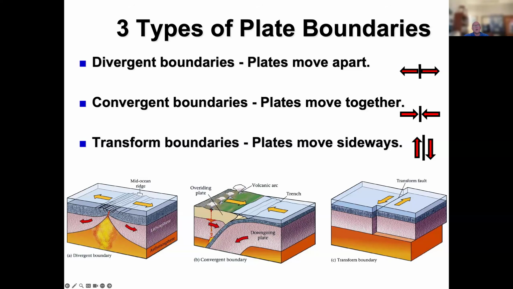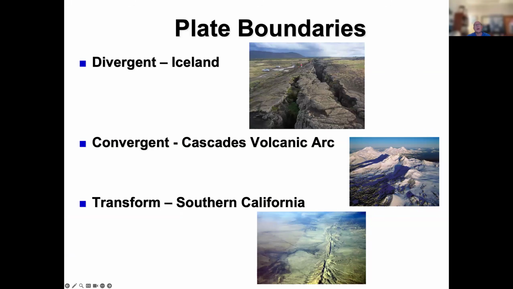And I'm a pictorial person, so I like to think of pictures of places that display these kinds of boundaries. If we're standing in parts of Iceland and we could put our legs on one side of that crack and the other side of that crack, over time our legs are slowly going to turn into a split as that divergent boundary progresses.